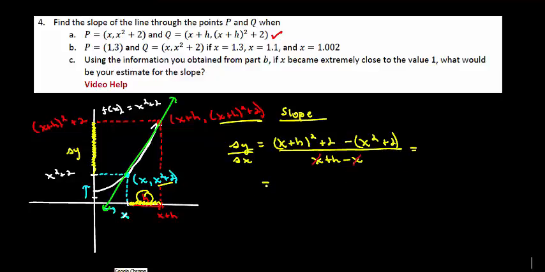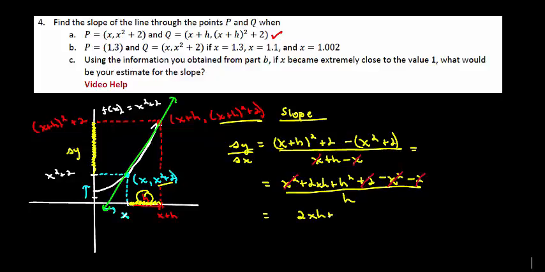So what do we have? This is x squared plus 2xh plus h squared plus 2 minus x squared minus 2, all over h. What cancels? The x squareds cancel and the 2's cancel. I'm left with 2xh plus h squared over h, which is h times 2x plus h over h.